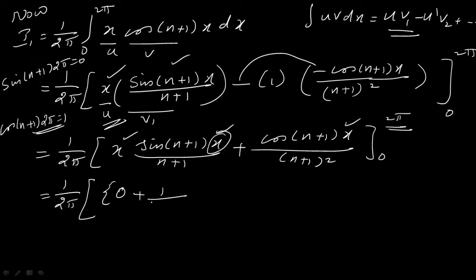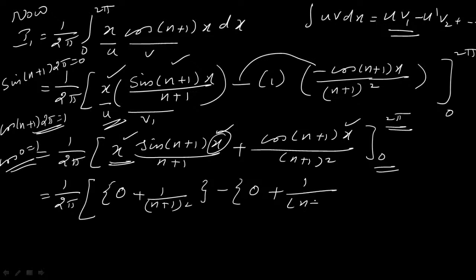So that is 1 divided by (n+1) the whole square, minus, coming to the lower limit, if you substitute 0, what happens? 0 into anything is 0, plus cos (n+1) 0, that is cos 0, whose value is 1. So that is equal to 1 divided by (n+1) the whole square.